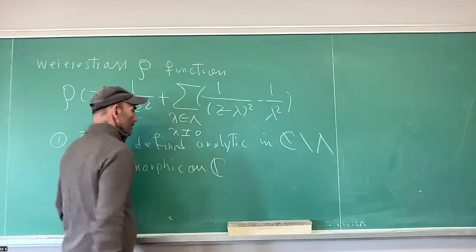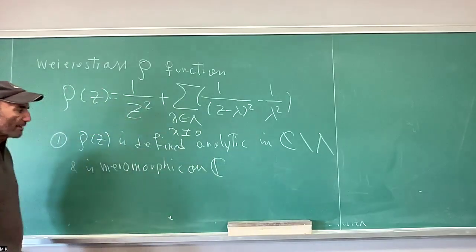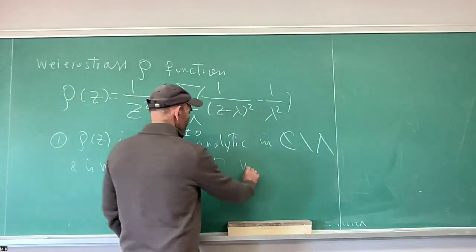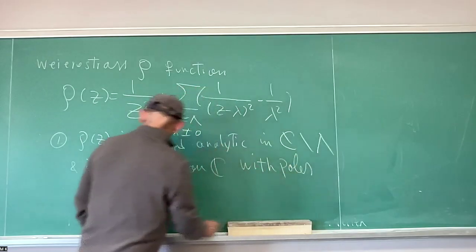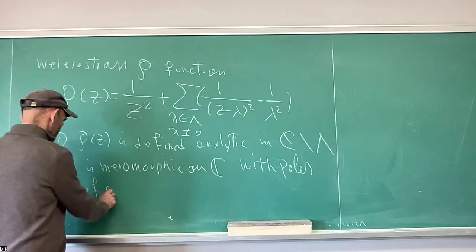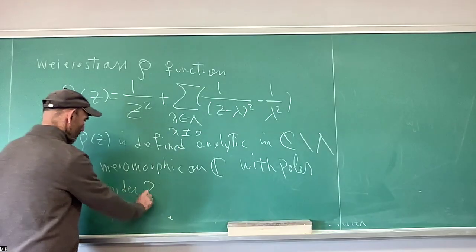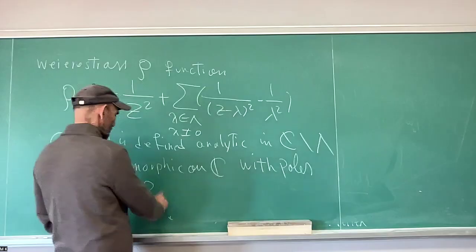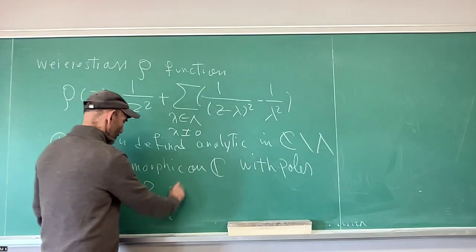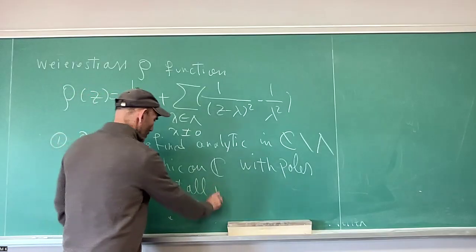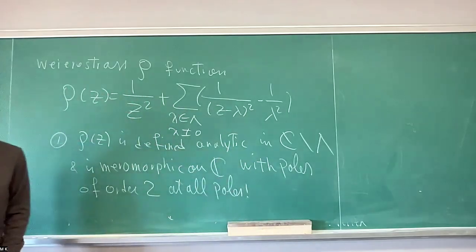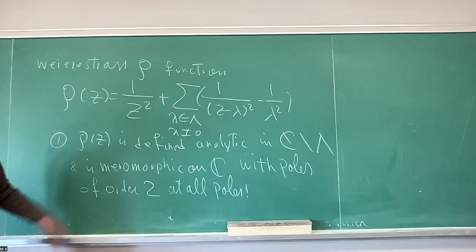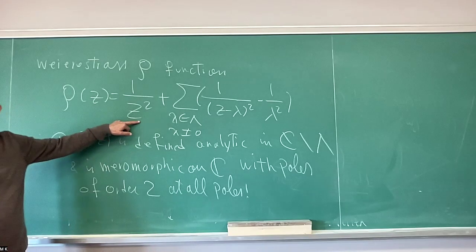On C. And in fact, with poles of order 2, for example at 0, you can see that it's just like that.